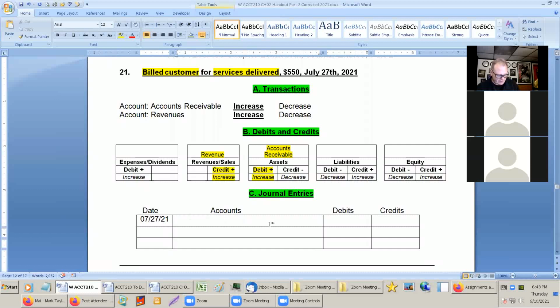Okay, accounts receivable. I should probably talk about this one for a second. This is another thing that might not be intuitive as far as what we do for accounting.